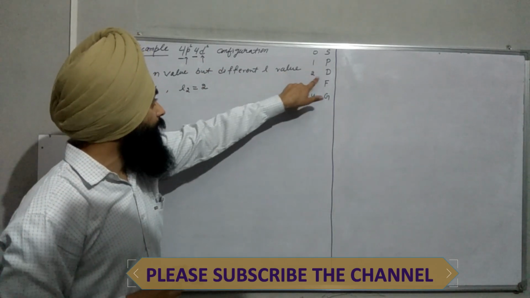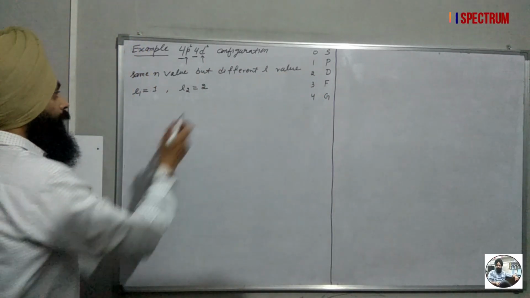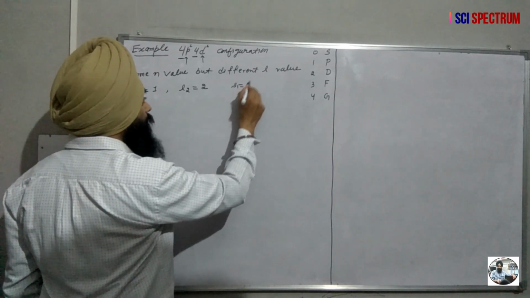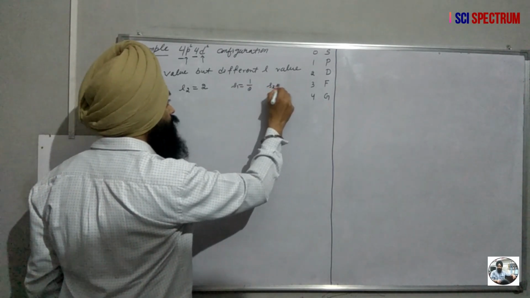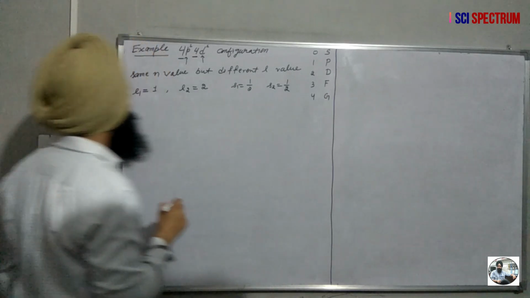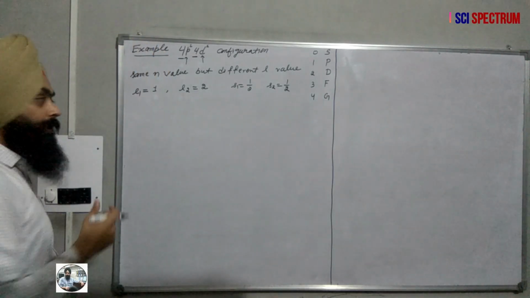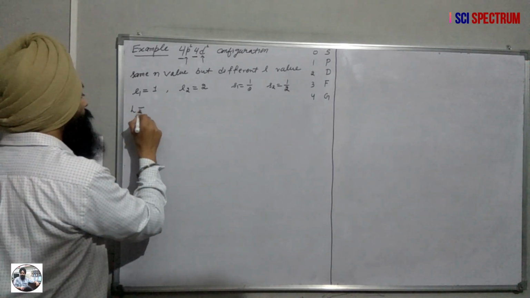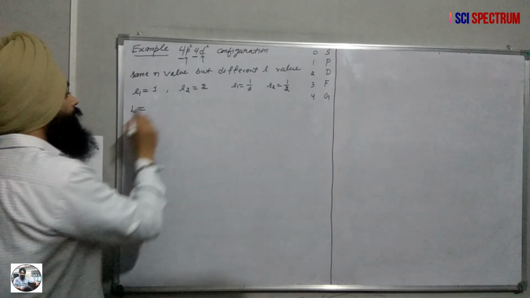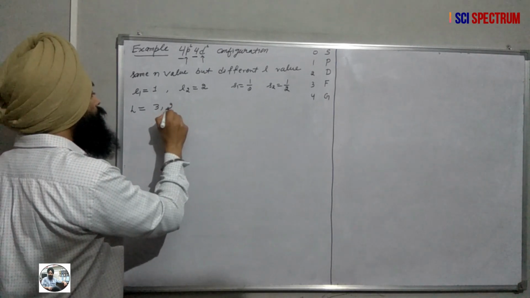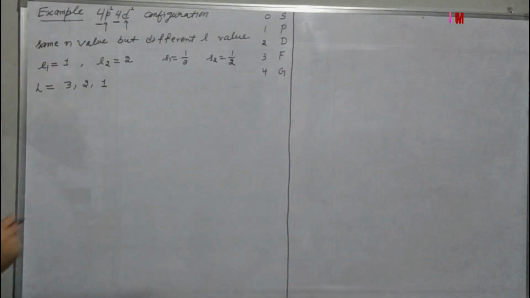For l2 equal to 2, we have the D state. s1 is half, s2 is half. So by combining l1 and l2 using LS coupling, the value of capital L will come out to be 3, 2, 1.